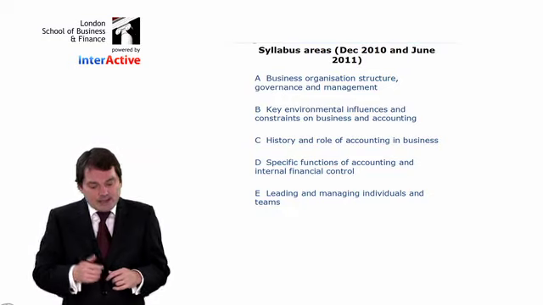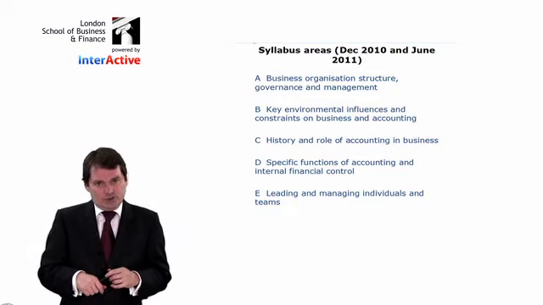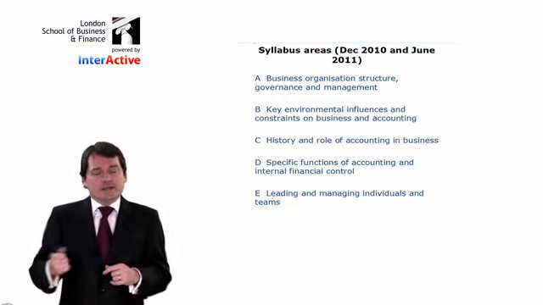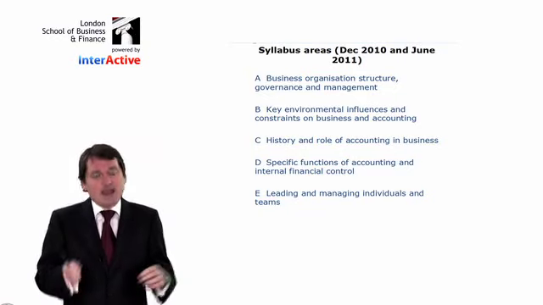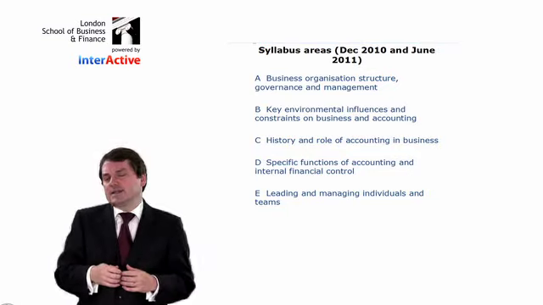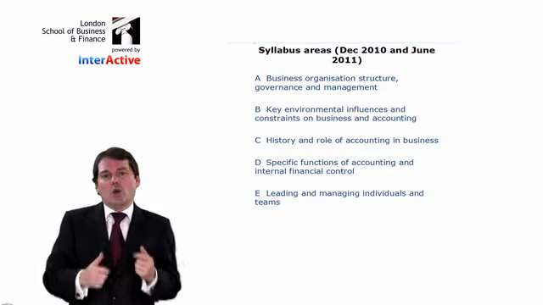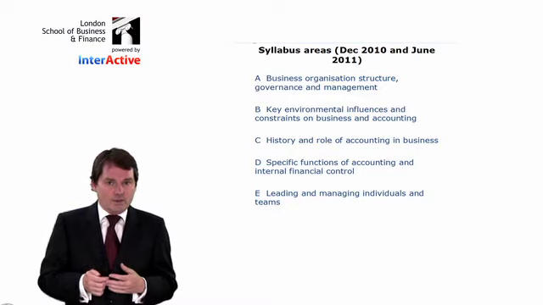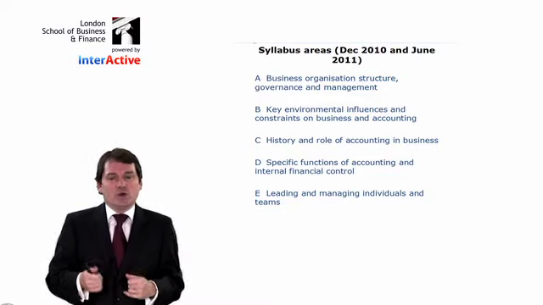Area B, key environmental influences. This is going to lead on to paper P3 and to paper P5 later on. Environmental influences are things that are going on outside the organisation but that affect it.